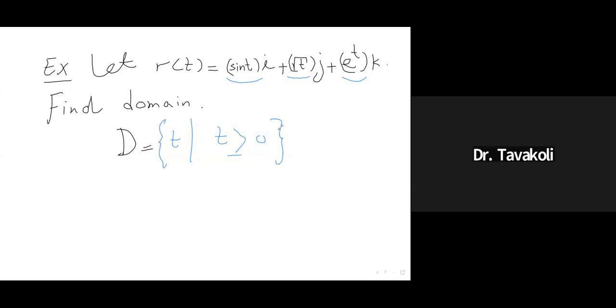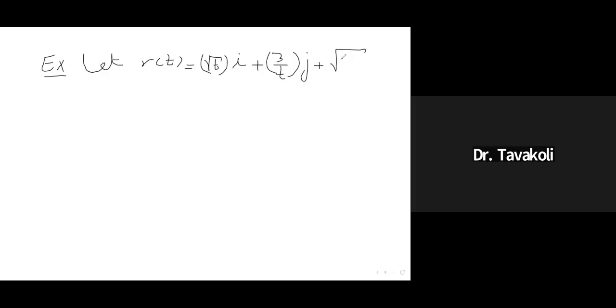Okay, but sometimes we have restrictions for every component of the vector valued function, like the next example, that r of t is, say, radical t times i plus 3 over t times j plus a radical of t squared minus 1 times k.